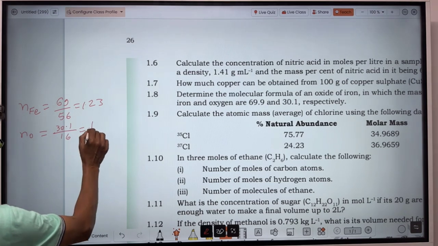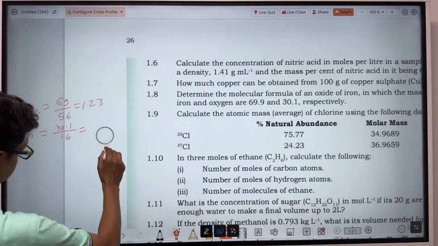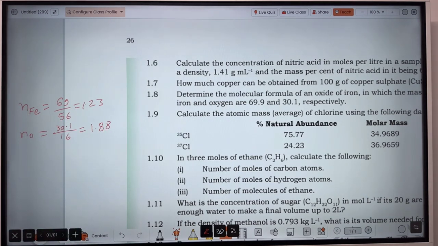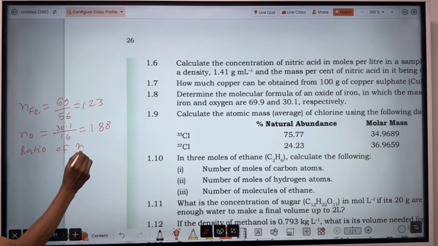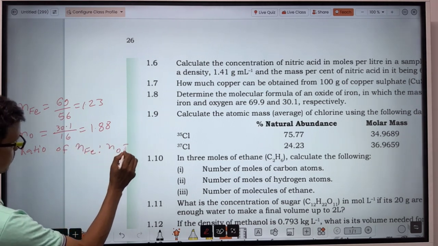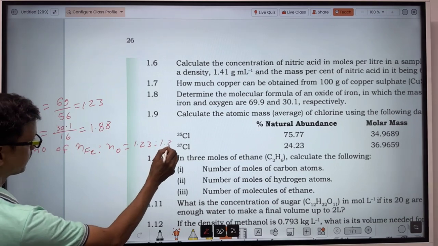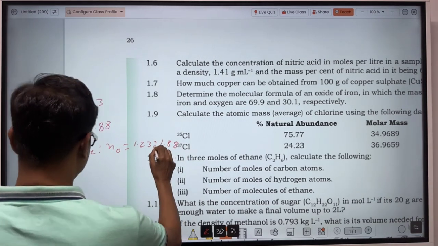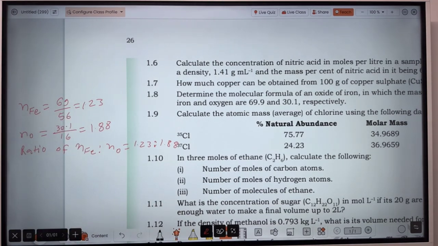1.88, this one. Now to calculate, you will have to find the ratio of the number of moles of iron to the number of moles of oxygen. That will be 1.23 is to 1.88. So 1.23 is just the base, so you will have to divide 1.88 by 1.23.